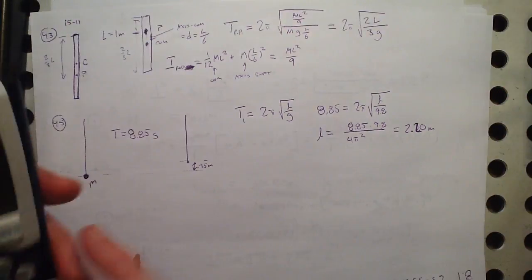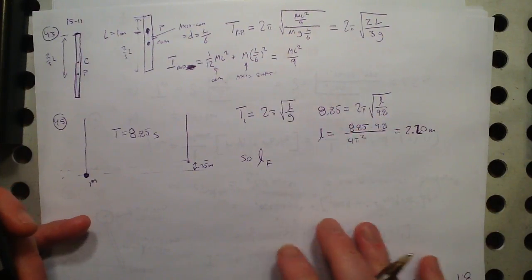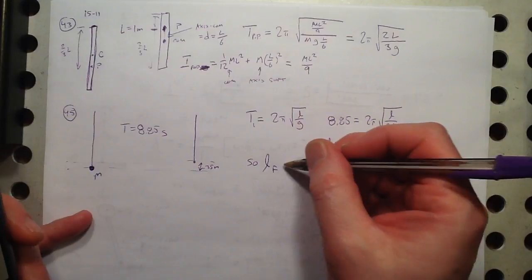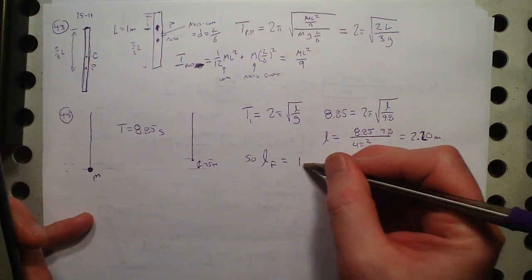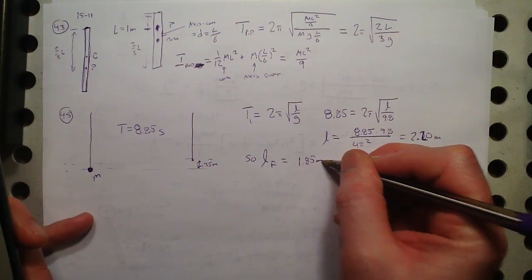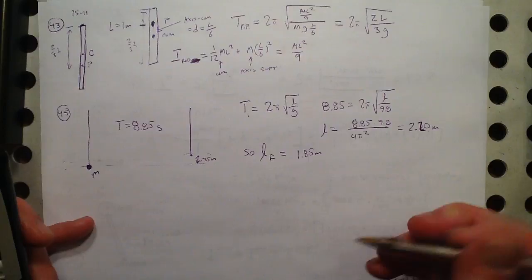So that means our new length is 35 centimeters shorter than this. So that's going to be 1.85 meters, right? This less 35 centimeters.